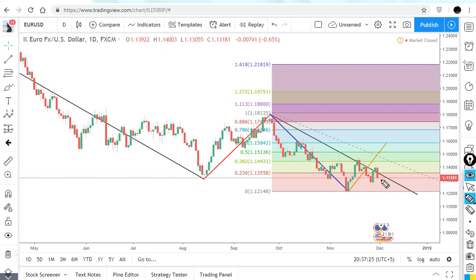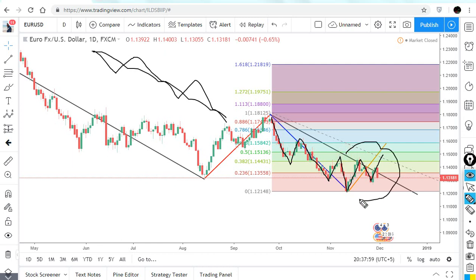Okay, now, impulsive wave, let's see, this is an impulse wave. We know there are waves in the waves, right? So if you see that this is our first wave, correction, third, fourth, fifth, now after this comes A, B, C. You see A, B, and then C. This happens exactly after an impulsive wave.